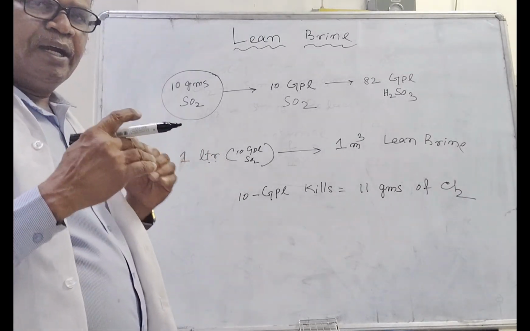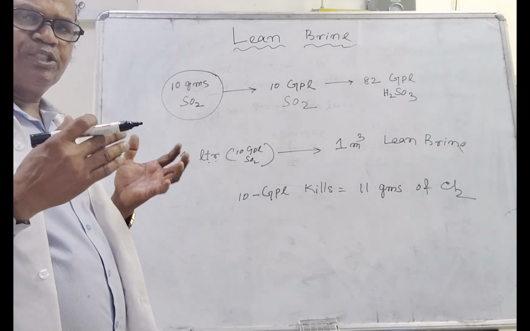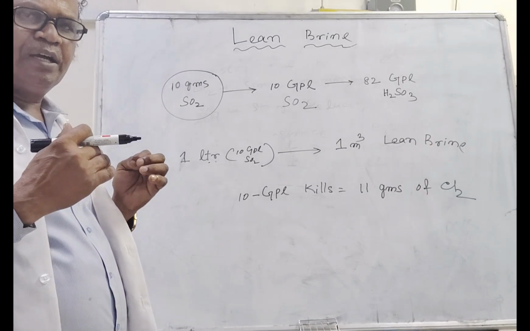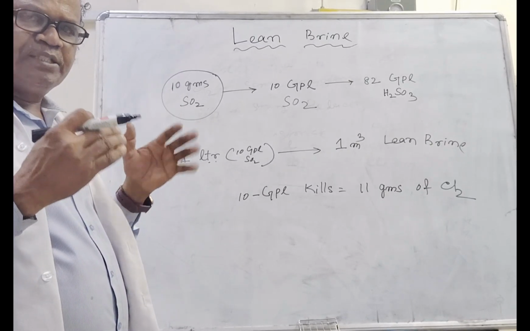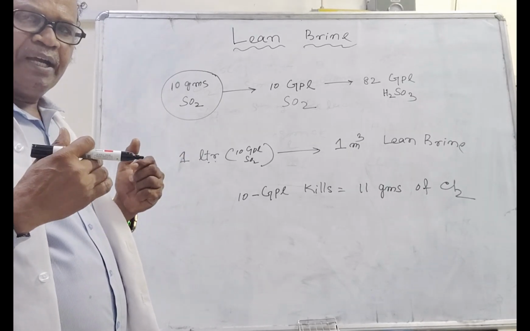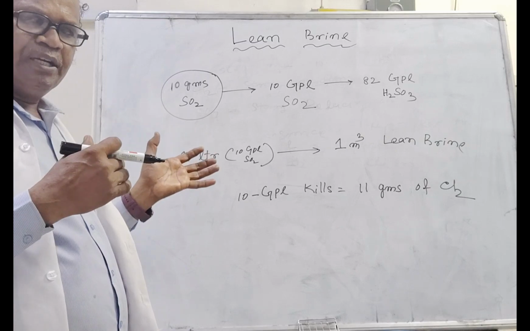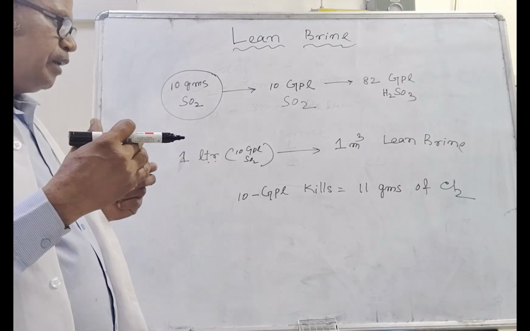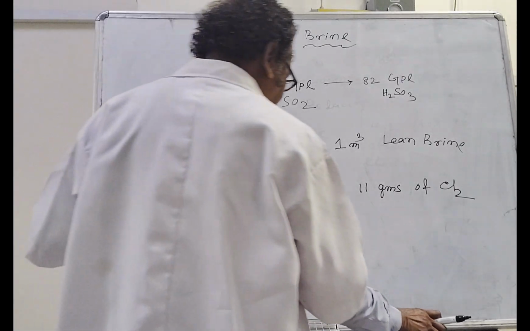It can reduce our preparation of SBS and sodium sulfite solution and minimize the manpower. Also there is some difficulty in transporting, and we can use this SO2 for removal of chlorine in Lean Brine.